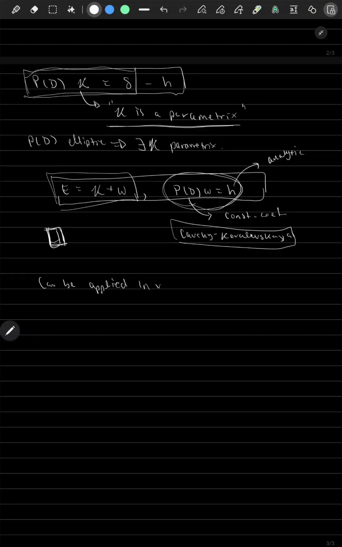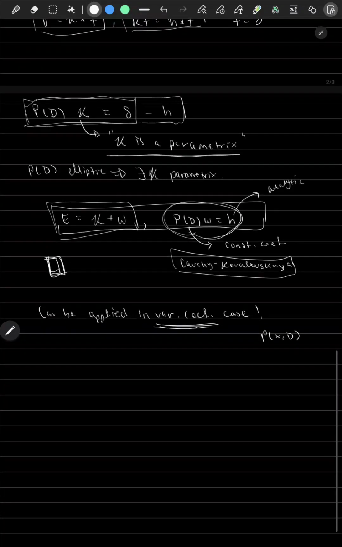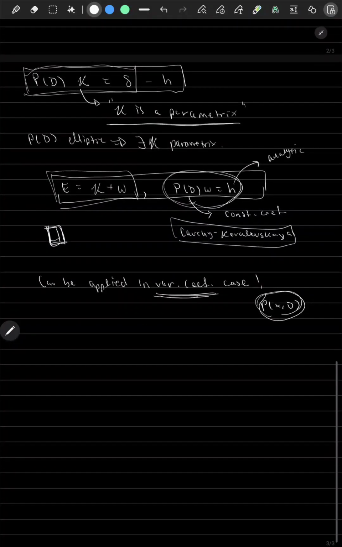This can be applied in the variable coefficient case. So that is for P of x, D. And we can obtain our parametrix. Oh, yes, of course, this has to be elliptic also. So in this case, we can obtain a parametrix much in the same way that we just did.